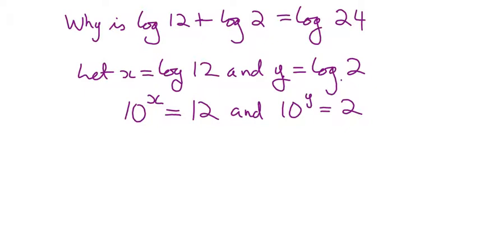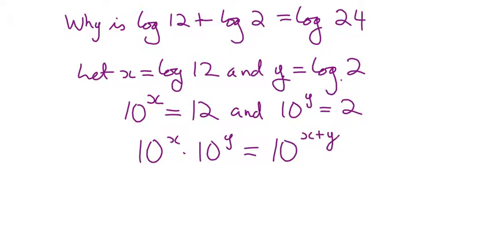If we then multiply these two things together, right, because we want log-based, we know that 10 to the x is 12 and 10 to the y is 2. So if we take 10 to the x times 10 to the y, using our exponent laws, that's 10 to the power of x plus y, right? 10 to the power of x plus y is 24.